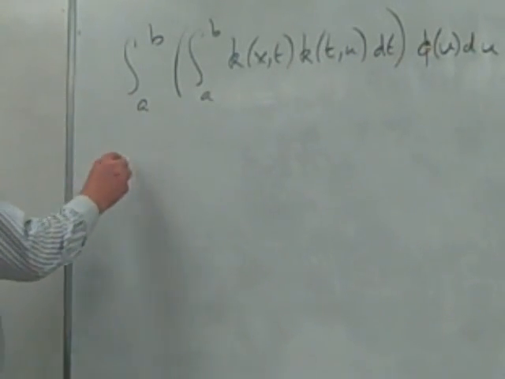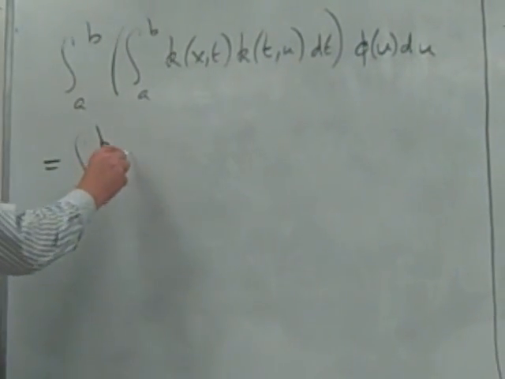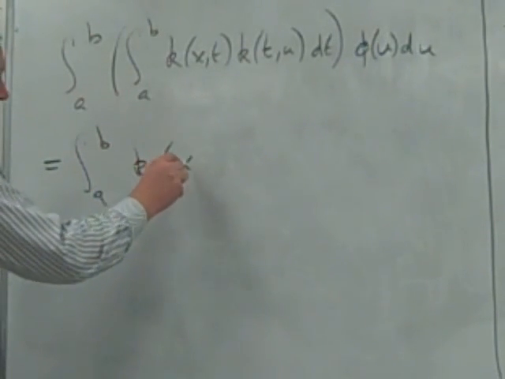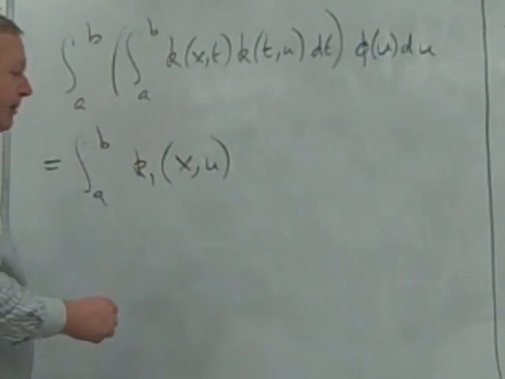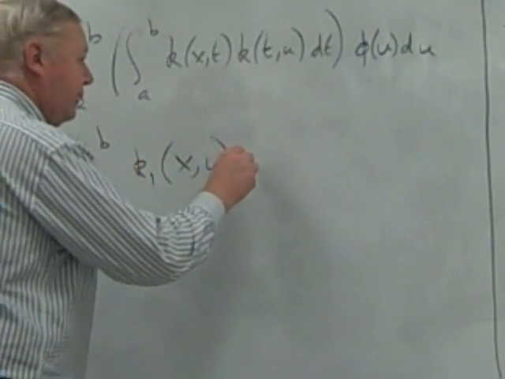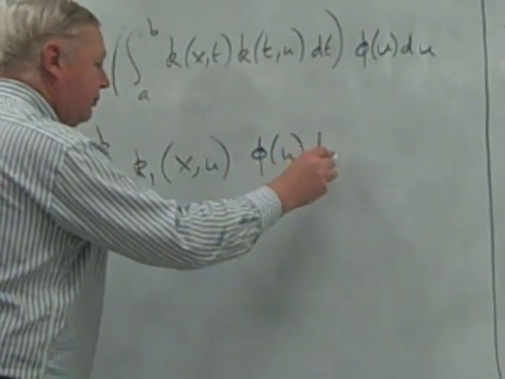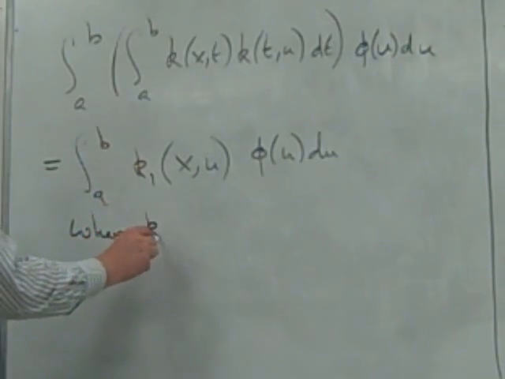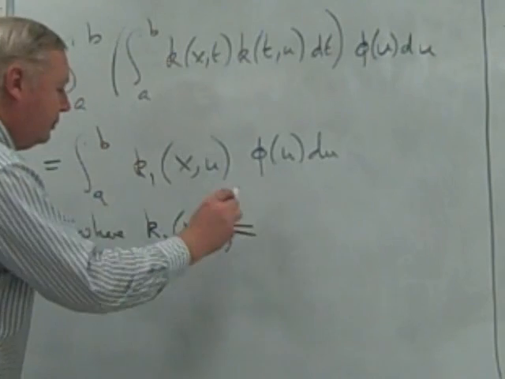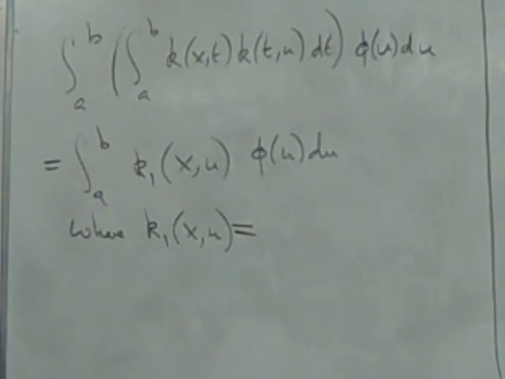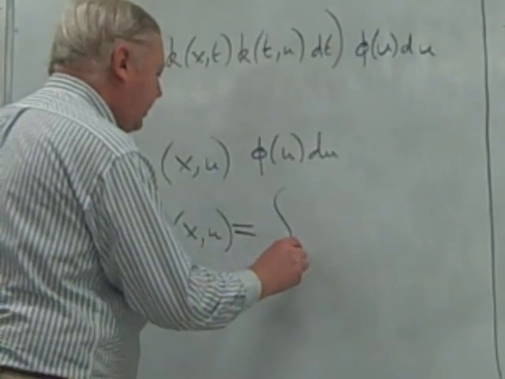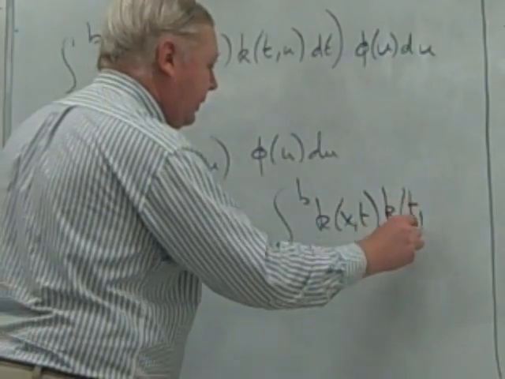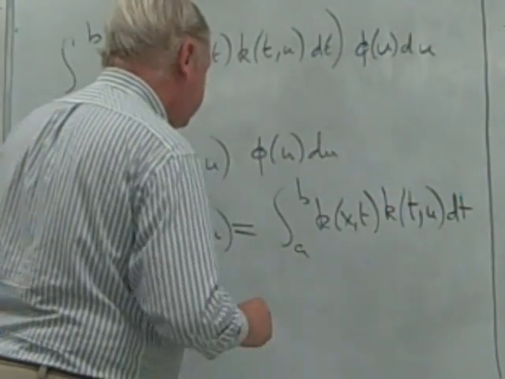So this has the form a to b, let's call it k sub 1, this new function is equal to the integral a to b of k of x,t k of t,u dt.